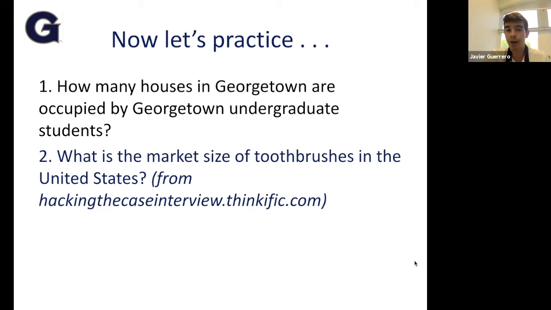So I'm going to start off. Georgetown undergraduate population is roughly 6,000. And my first assumption is going to be that most seniors are going to live off campus. And since we're including both university-owned and non-university-owned houses, I'm going to say roughly 90% of the senior class lives off campus.